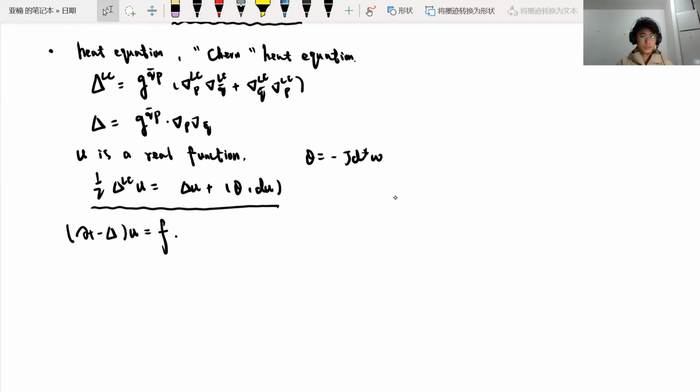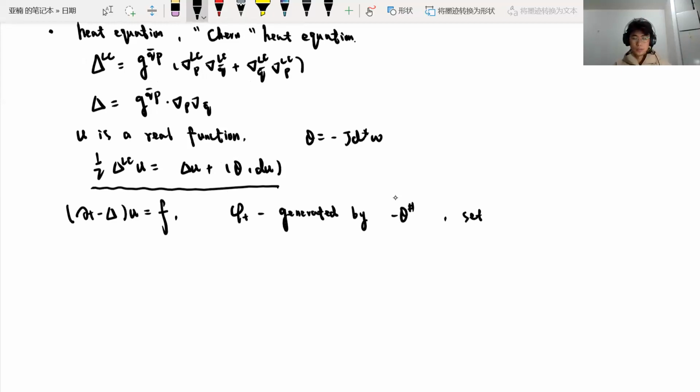F is another real function, and let phi_t denote the family of diffeomorphisms generated by minus theta. And we set s equal to half t.